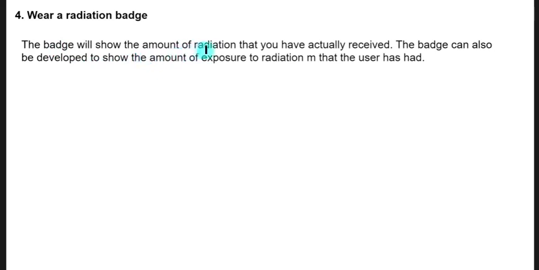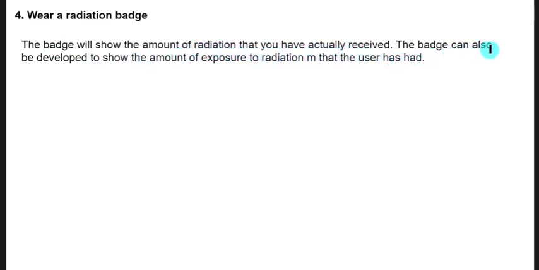Then number four, wear a radiation badge. So there are certain badges that are worn that are used to measure how much radiation a person has accumulated, especially those who work in places of radiation. So we are saying the badge will show the amount of radiation that you have actually received.